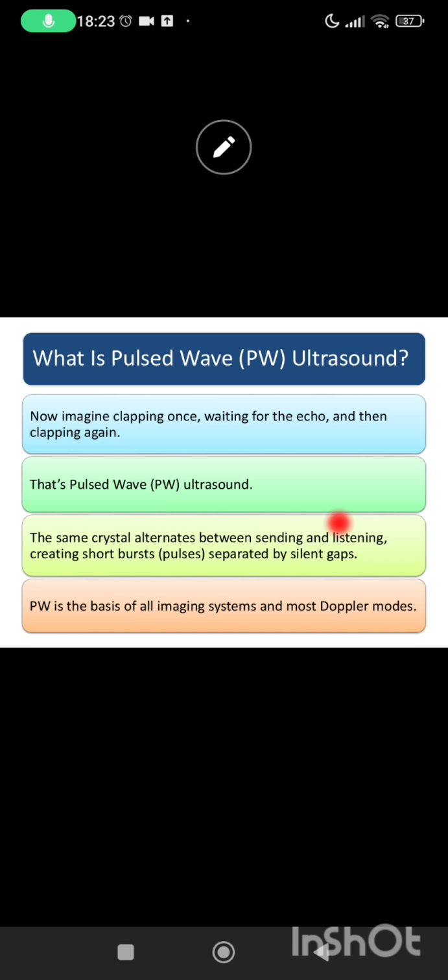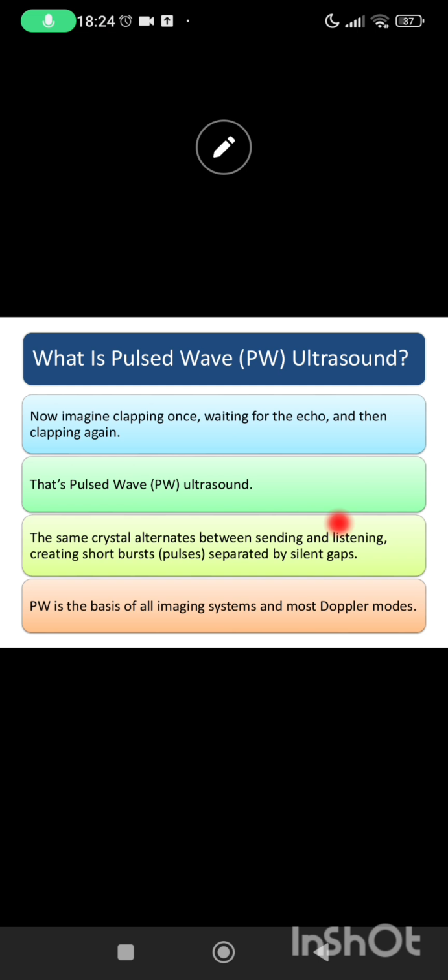Imagine clapping once, waiting for the echo, and then clapping again. That's PW ultrasound. The same crystal does both tasks. It transmits, then takes a pause, and then it only receives. So there is a delay in the transmission. PW is the basis of all imaging systems and most Doppler modes.